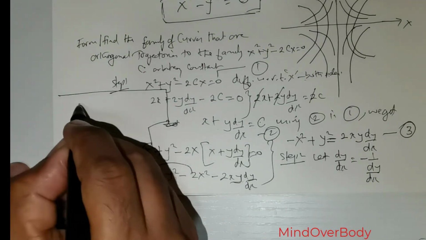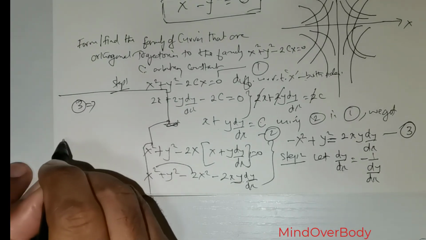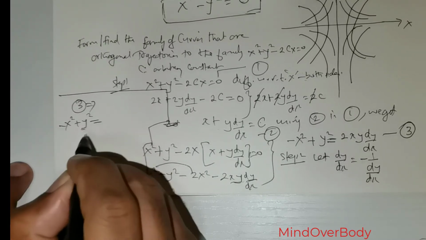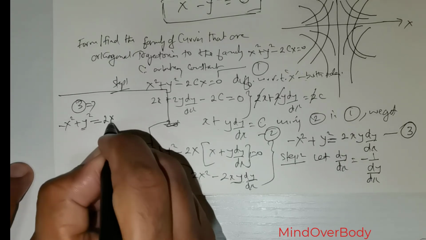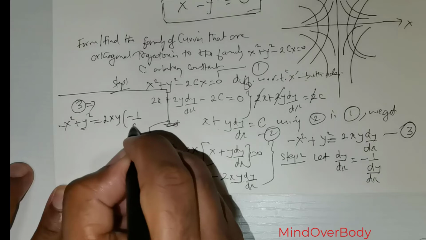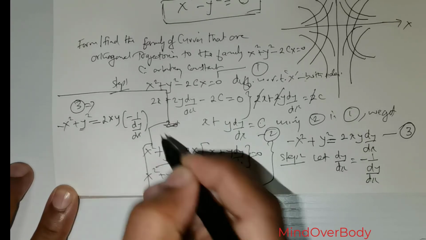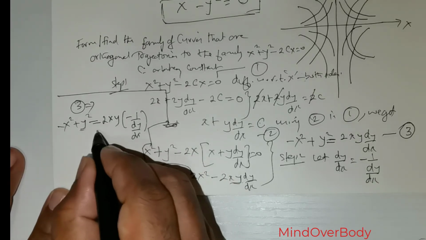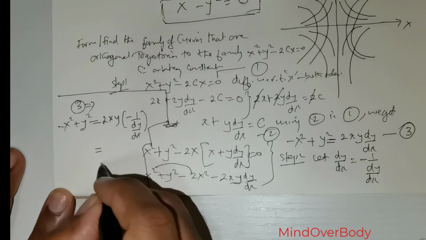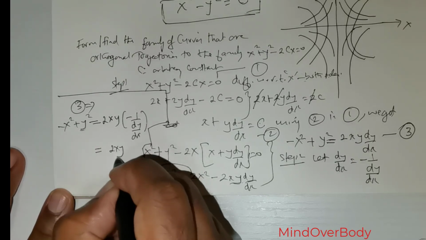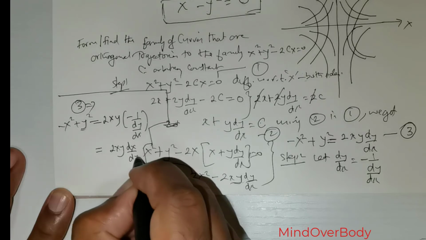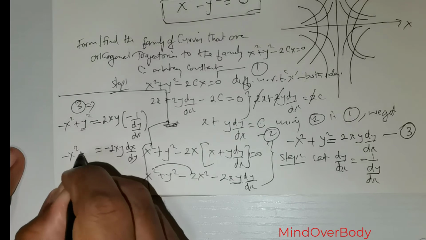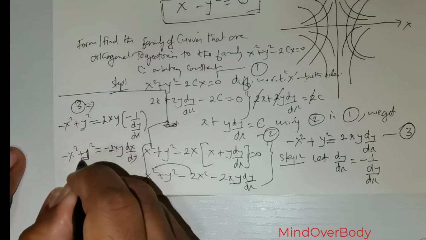What happens, 3 will now be rewritten as minus x squared plus y squared is equal to 2 times x times y times minus 1 over dy over dx. So I can actually flip this and bring everything down. So this is going to give me 2 times xy dx over dy. There is a negative sign there, so there is a minus x squared plus y squared. So this is what I have got.